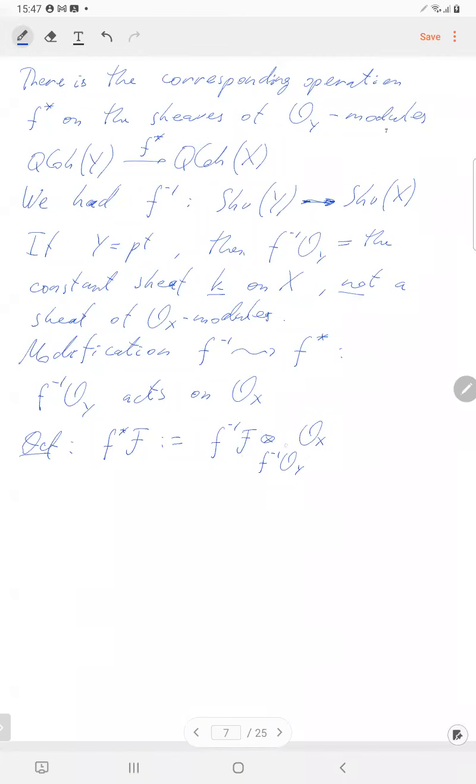So we can form this tensor product, and on this tensor product OX acts just by construction. So it's a sheaf of OX modules. Okay, so that's the definition, and you can check, for example, that it works for the vector bundles. It matches the pullback of vector bundles.